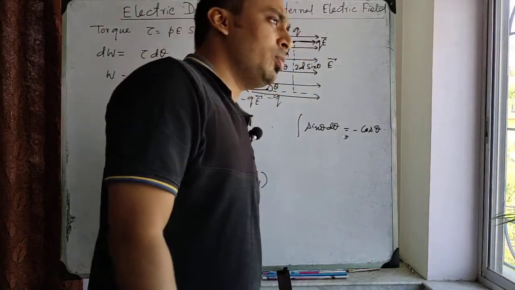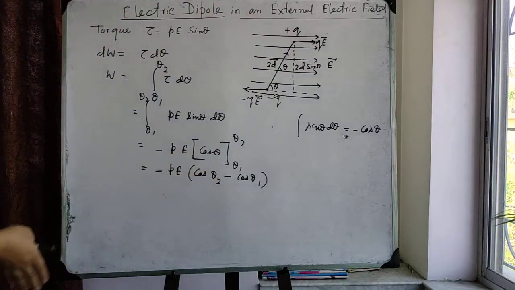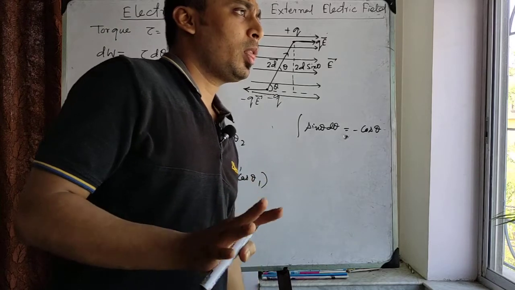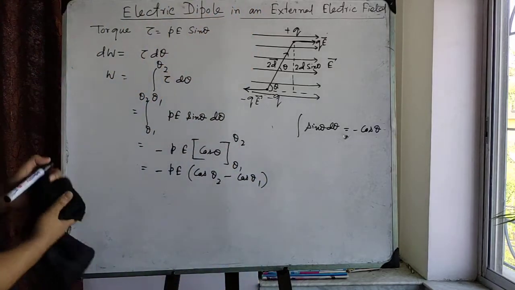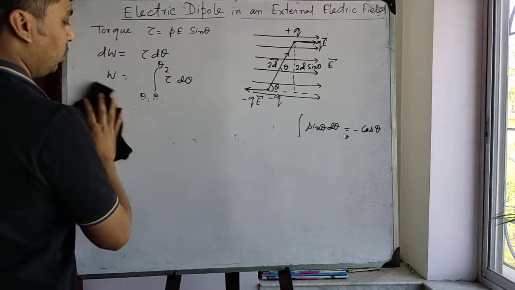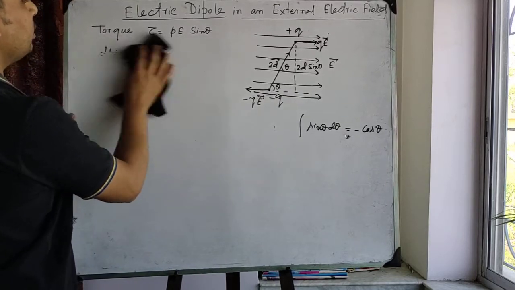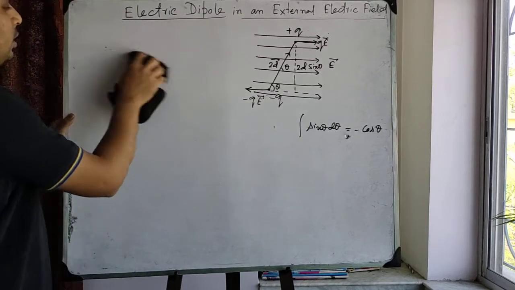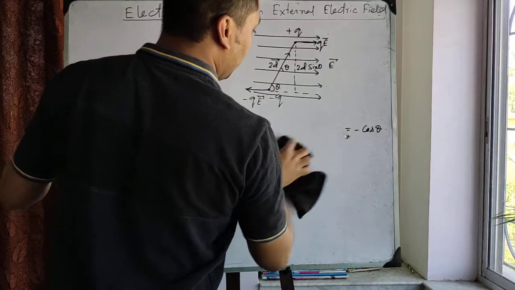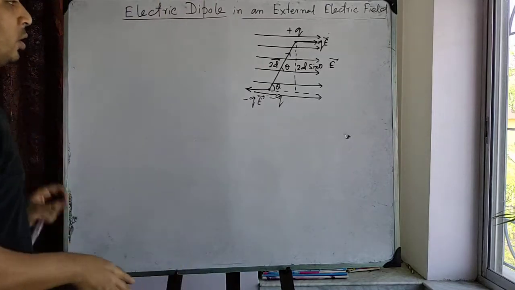So all the positions are unstable positions for the dipole, except two positions.